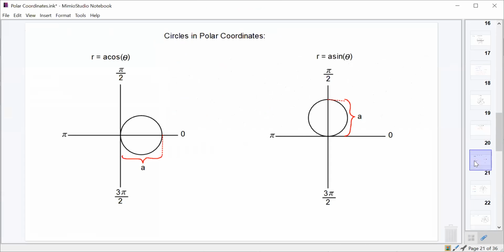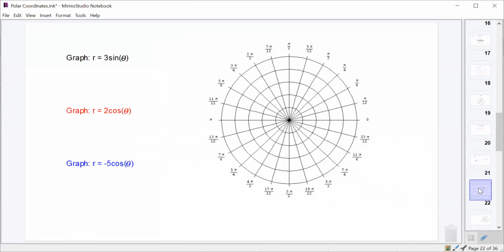Okay. So this is just the basic idea behind it. If it's a cosine, you got your diameter of A and it's in 1 and 4. If it's a sine, you got a diameter of A and it's in 1 and 2. Okay. So if I said r equals 3 sine theta, that should be a circle with a diameter of 3, radius of 1.5, up in quadrants 1 and 2.